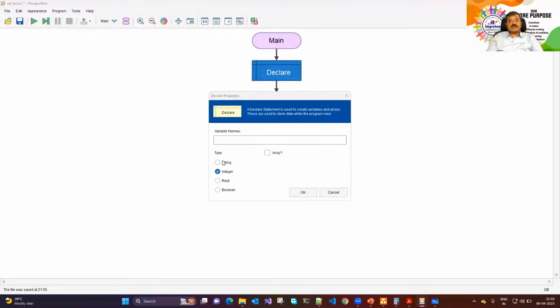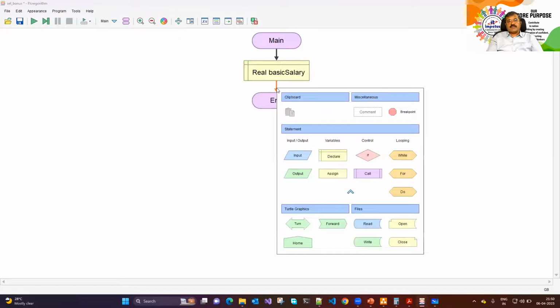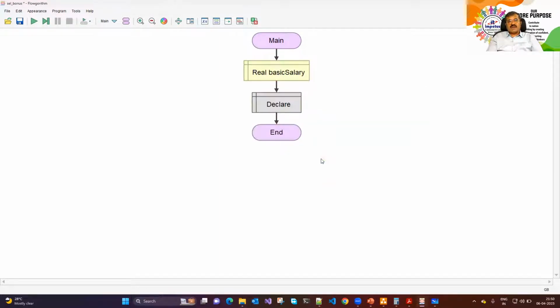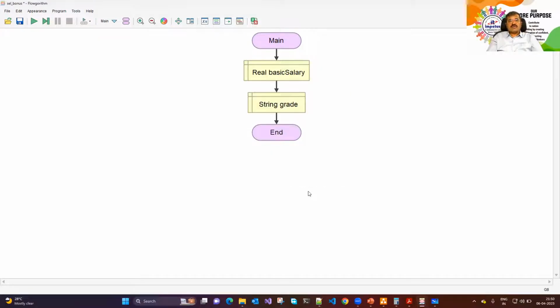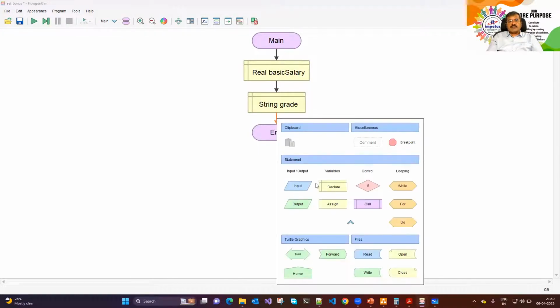First variable, basic salary. Second variable that we would like to have is grade. That's a string. I'll say it's my grade. That's a character. You could say alphabetic string, what it is. So real basic salary, string grade. Now we have accepted 2 variables.